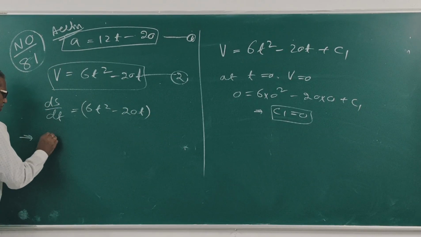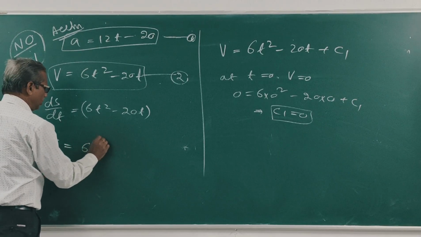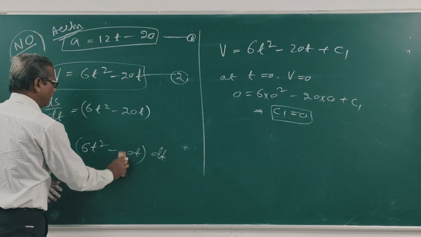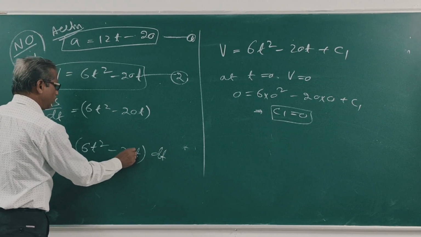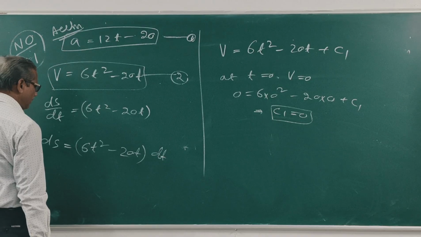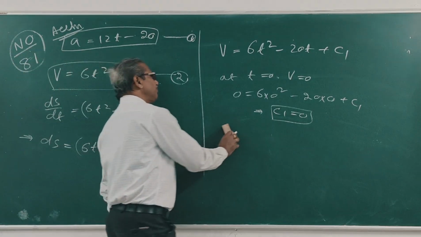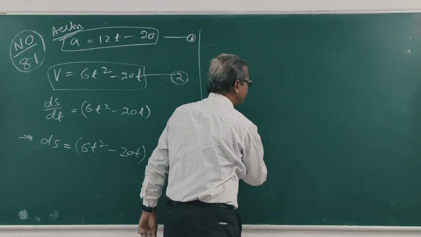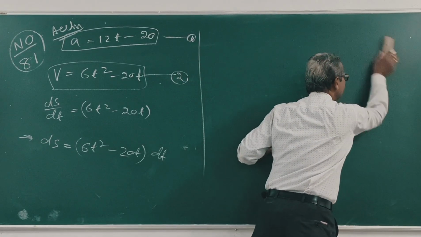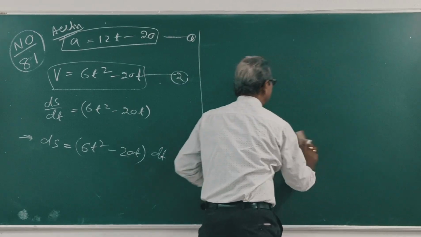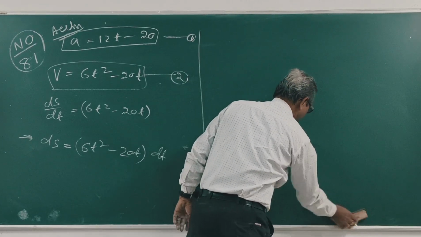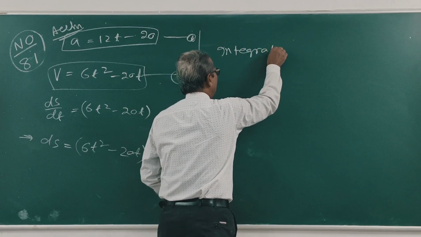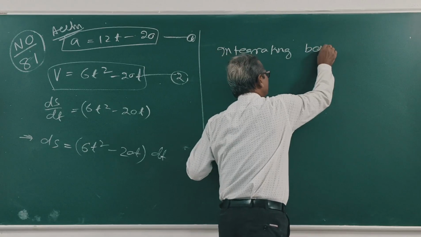This implies ds is equal to (6t square minus 20t) into dt. Right? Integrating both sides.